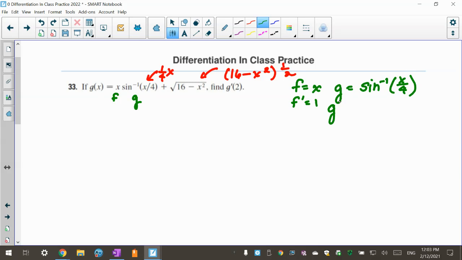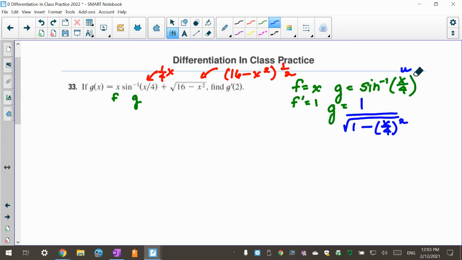Now g prime: I have to do the derivative of the inverse sine, and then I have to remember the inside is 1/4 x. If you want to think of this as your u, the derivative of inverse sine is 1 over radical 1 minus u squared, and our u is x over 4, squared.